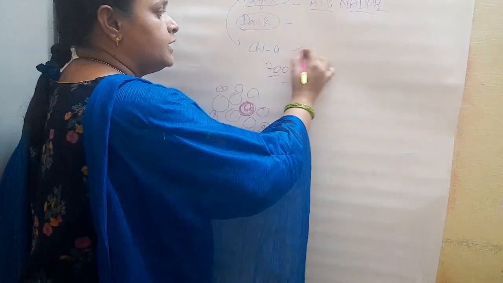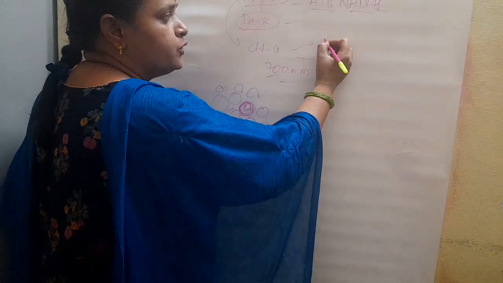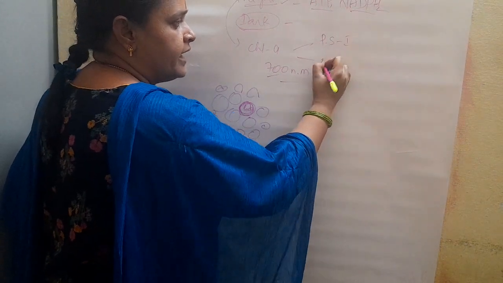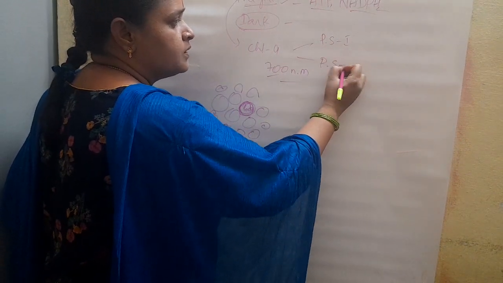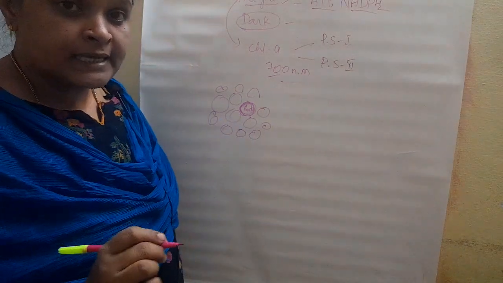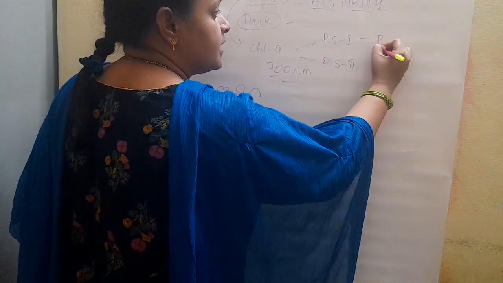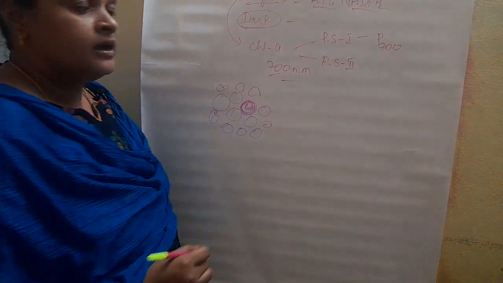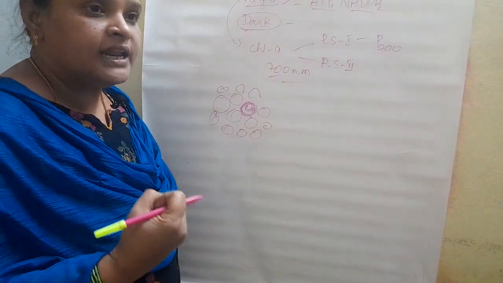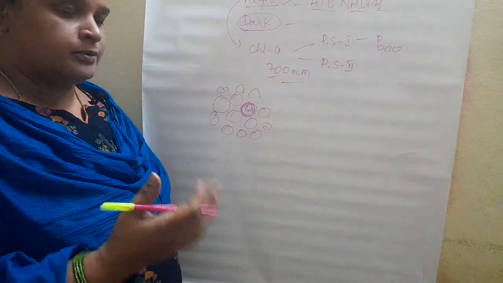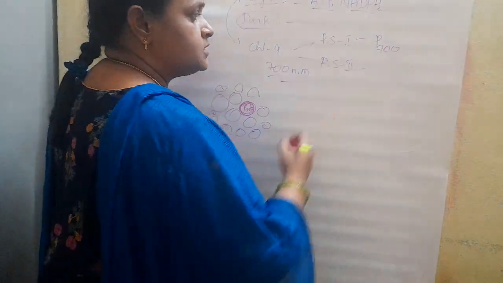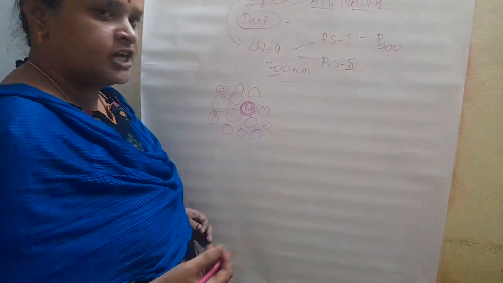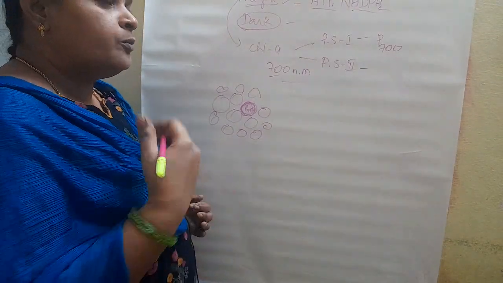Depending upon that, it is divided into two types, PS1 and PS2. PS1 has P700 capacity, that means it can trap the light energy at P700 or above P700. PS2 is the reaction center which can trap the light energy above P680.